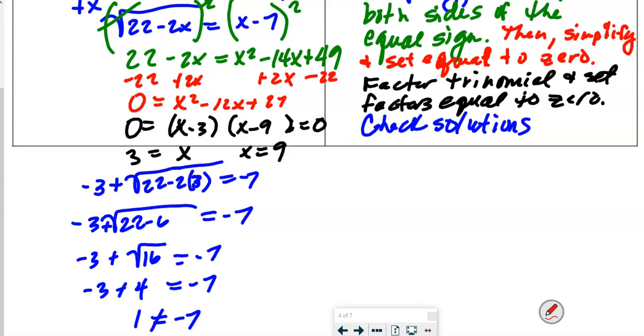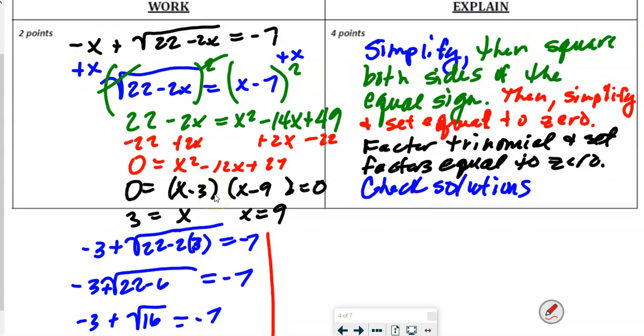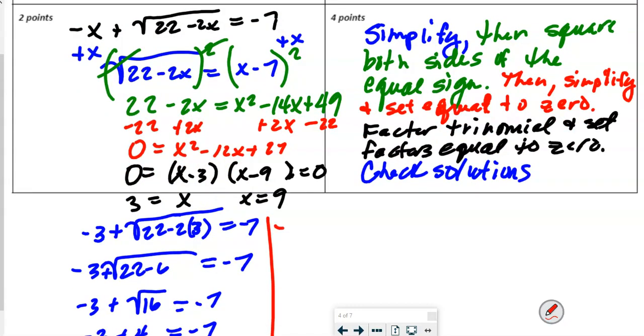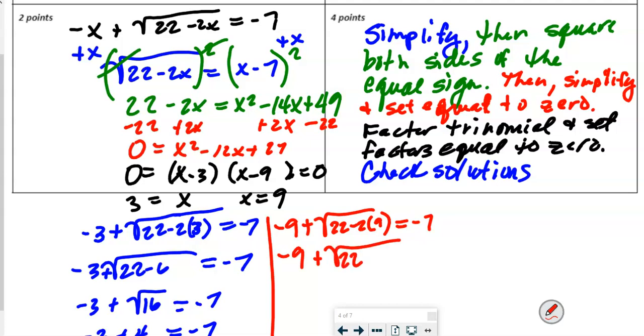All right, let's do the other one. So we're going to do the 9 now. So same thing. We're going to put it back up in that original equation, y'all. So we're going to say negative 9 plus the square root of 22 minus 2 times 9. Does that equal negative 7? Okay, so this is going to be negative 9 plus 22 minus 18 equals negative 7.